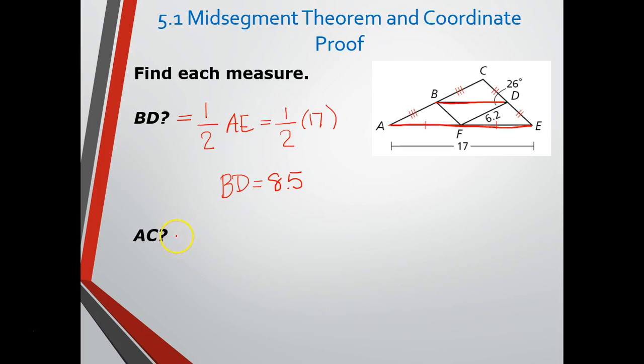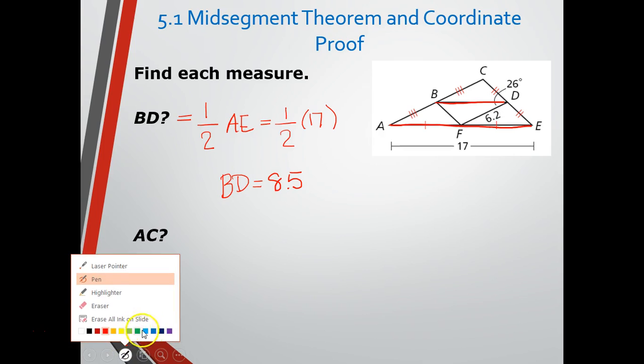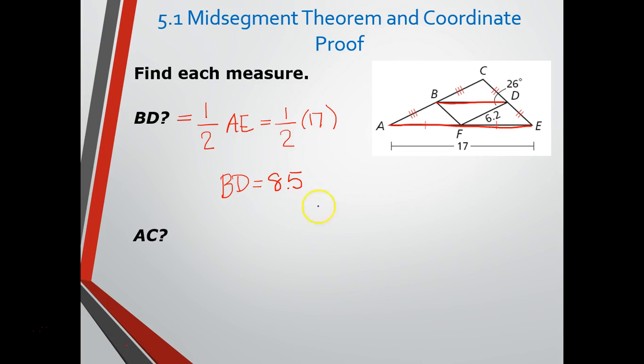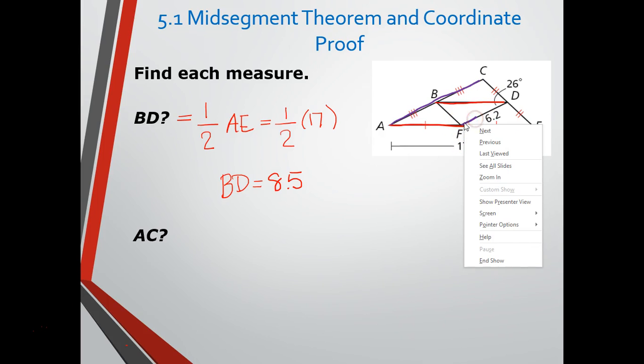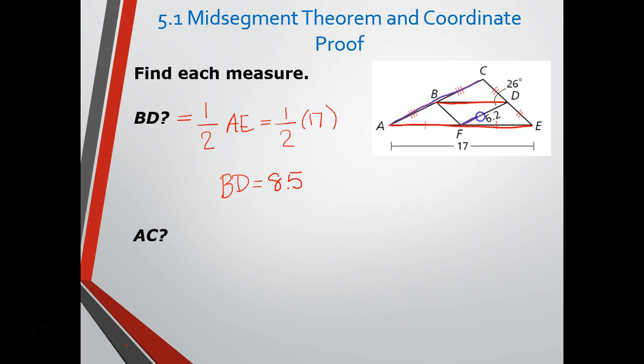And now we're going to do the same thing with AC. Now AC, I'm going to highlight that, is right here. And that is parallel to this line right here.